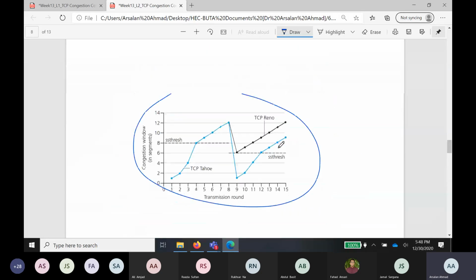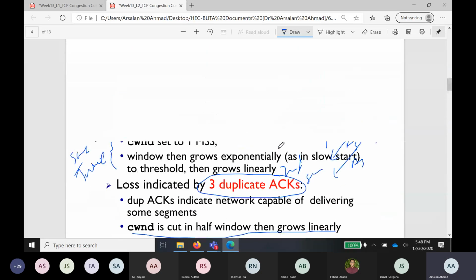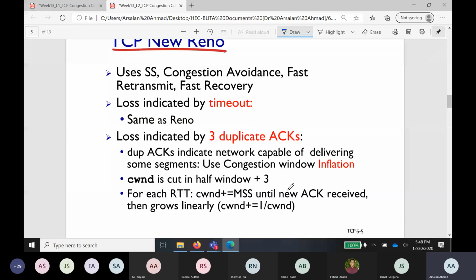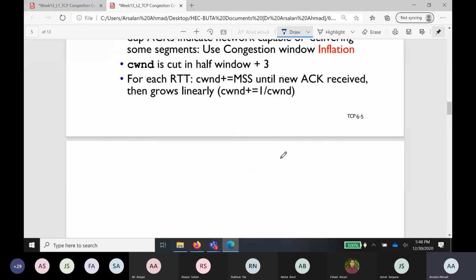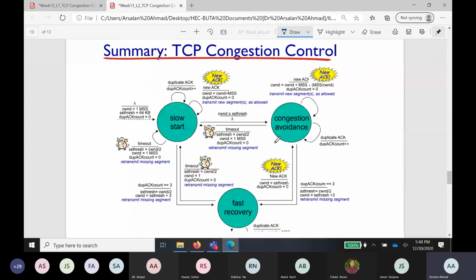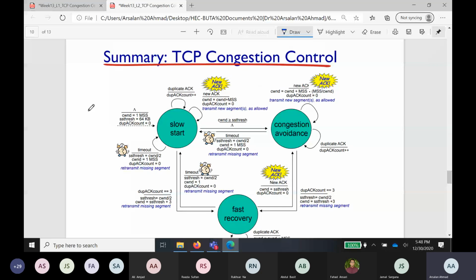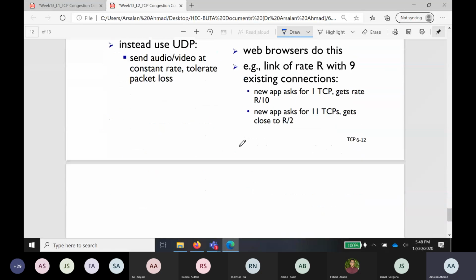All we are left with are two slides. We will discuss what TCP New Reno is, and then the FSM summary of TCP congestion control, and our chapter will be finished.